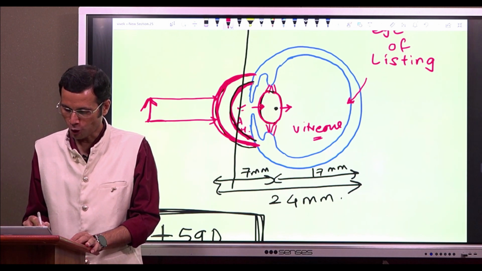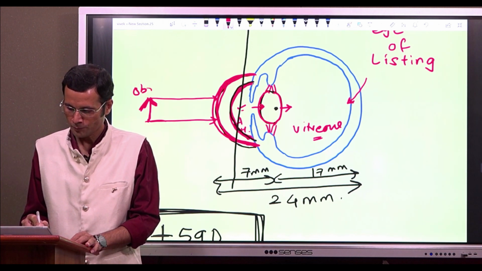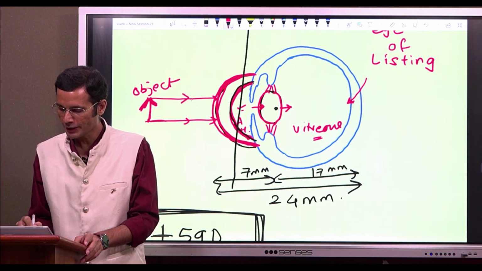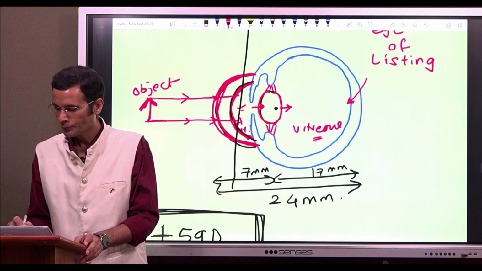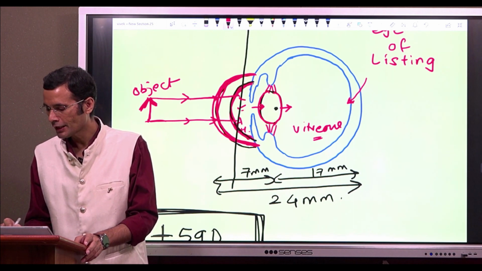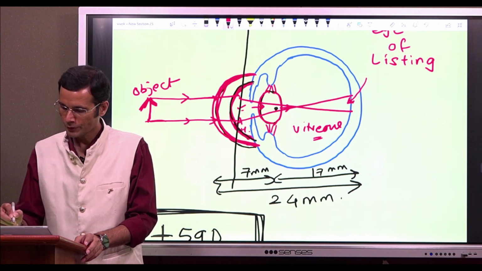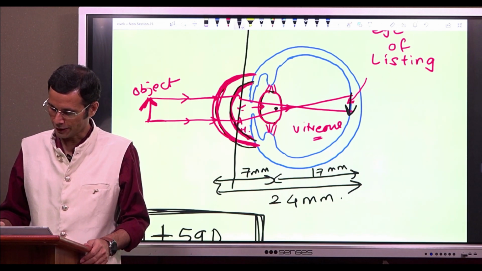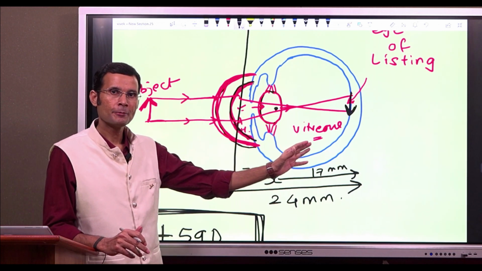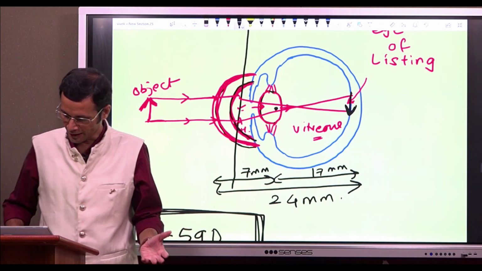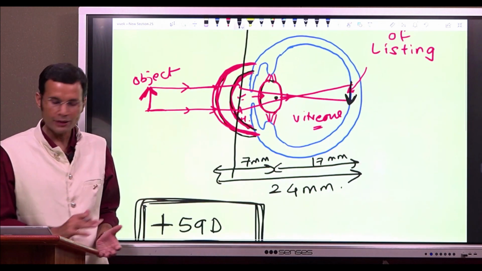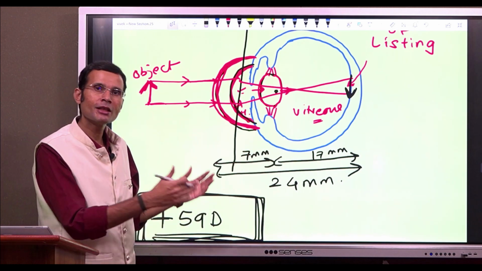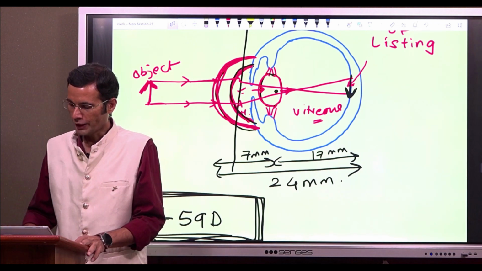So, this is the object placed in front of the eye. The parallel rays coming from such an object enter the eye and form an image exactly on the retina. And as you are aware, the image is inverted. So, the normal eye is emmetropic, image formation occurring exactly on the retina. The object can be seen clearly.